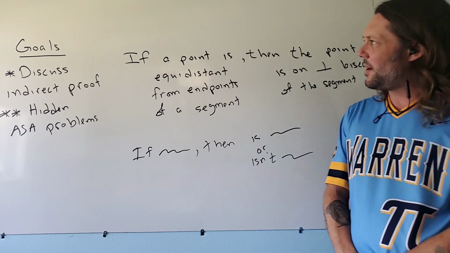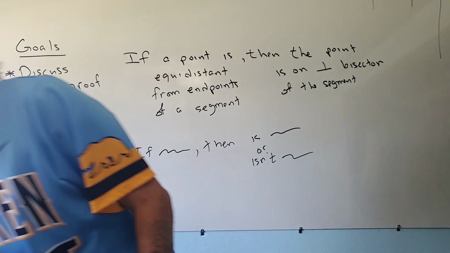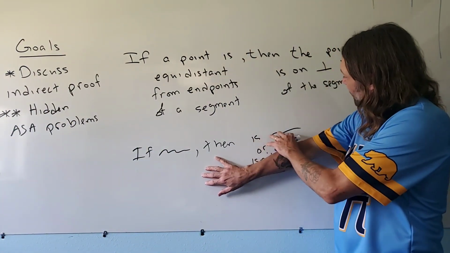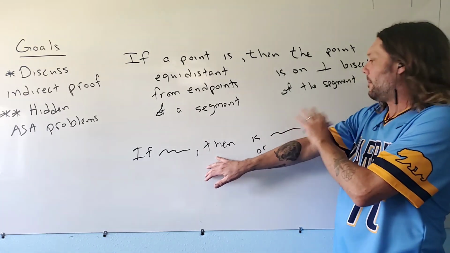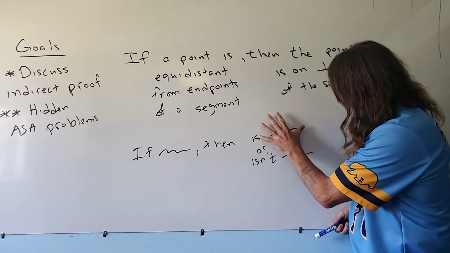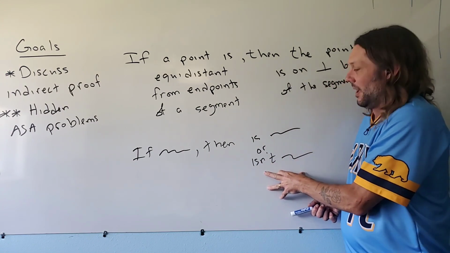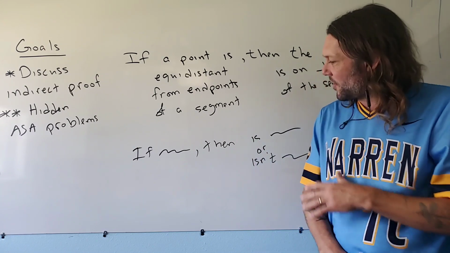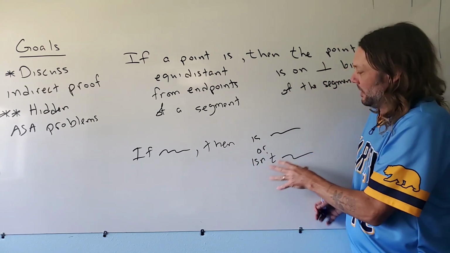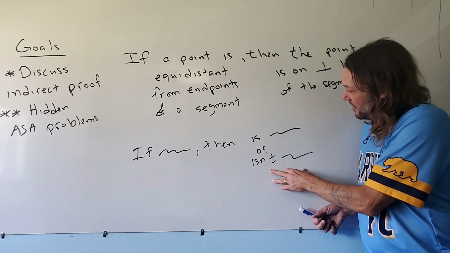And so the idea behind an indirect proof will be the following. Let's say that we know that this is going to happen. But what we're going to do is ignore that and accept that this other thing is going to happen. And so as we make the argument about what we know can't happen, somewhere along the lines, we're going to catch this in a lie.